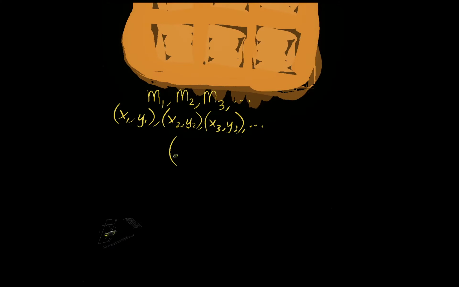We define a coordinate system, and each particle exists at coordinates x1, y1, x2, y2, x3, y3, and so on, right? So each particle has a mass and a position. The center of mass of the system is at the point x_cm, for center of mass, y_cm.